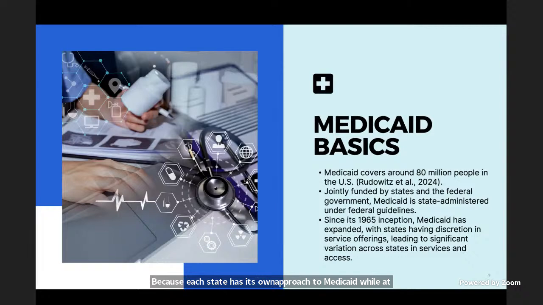The variation amongst the states has some real implications for our military community. One, it means that services that you get in one state, say New York, may not be available in another state, say West Virginia or Texas.